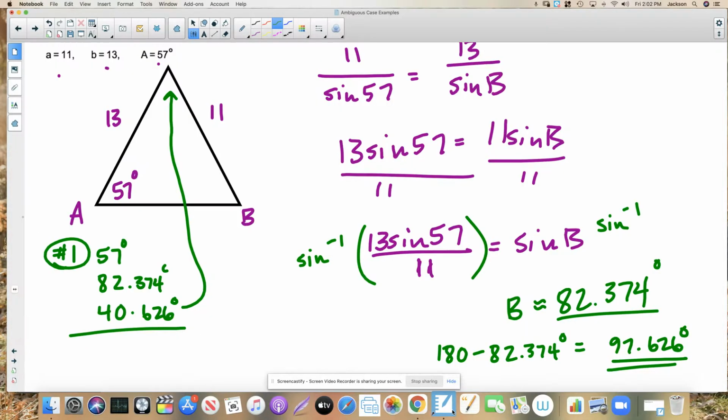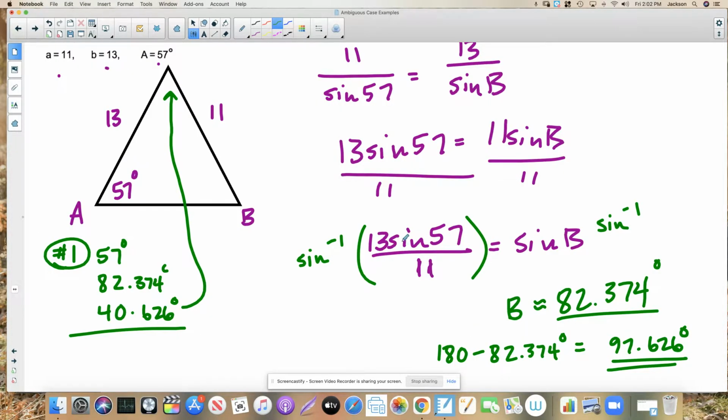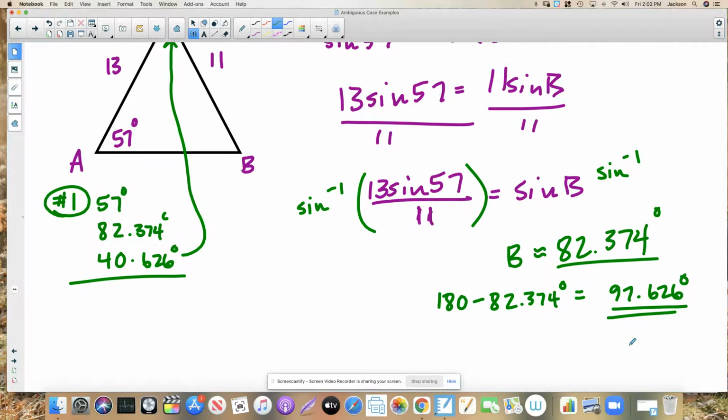So when I'm doing the ambiguous case and I say, well, I'm going to take the inverse sine of this number and I get this, why can't this be a solution as well, right? So we have to check that. We did this in the video where there was one solution. But the supplement combined with the angle that we knew exceeded 180 degrees, so I couldn't find this angle here.